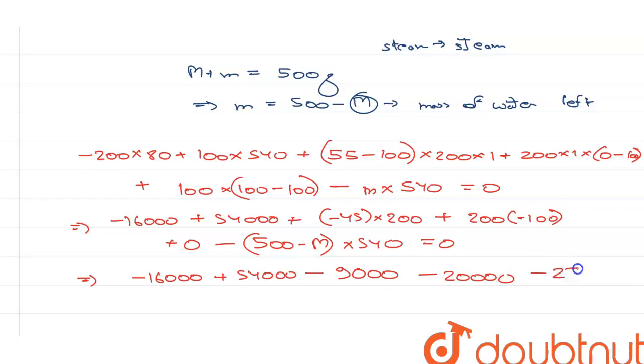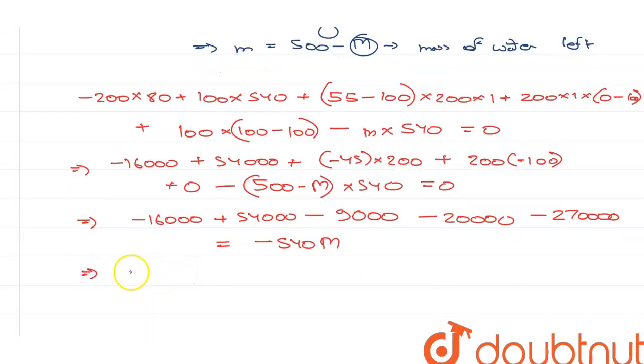So 270,000 is equal to, let's bring the M term to the right hand side, which gives a minus 540 capital M.